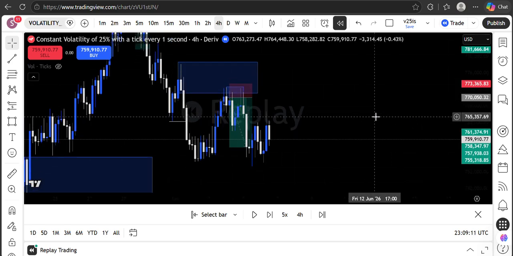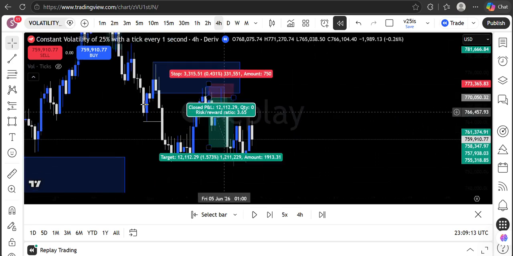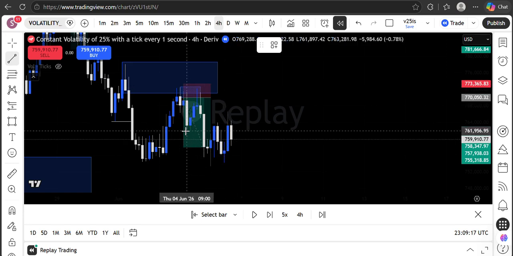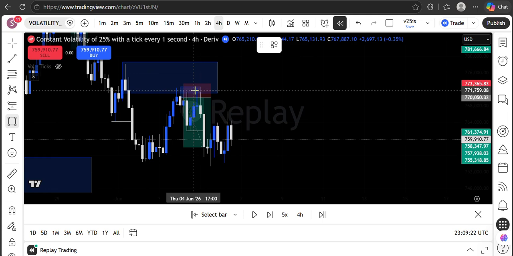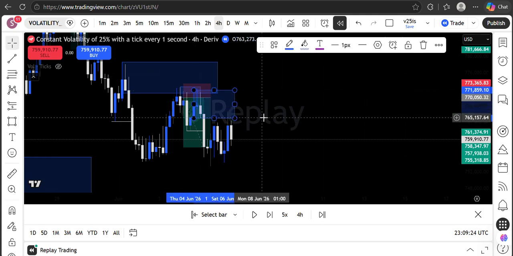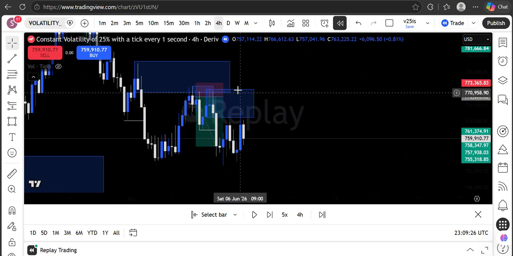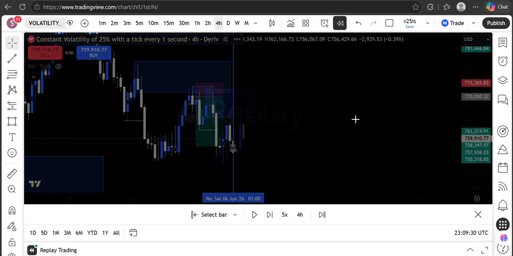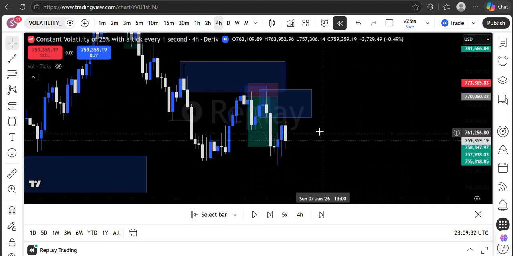Now we saw price has been in downtrend, meaning the bias is actually bearish. So now there was also another break of structure here. We can see this particular break of structure, and then we can also see another zone here in the 4 hours time frame. Okay, so this is a very significant zone. So let me take this out. So this is also another significant zone.